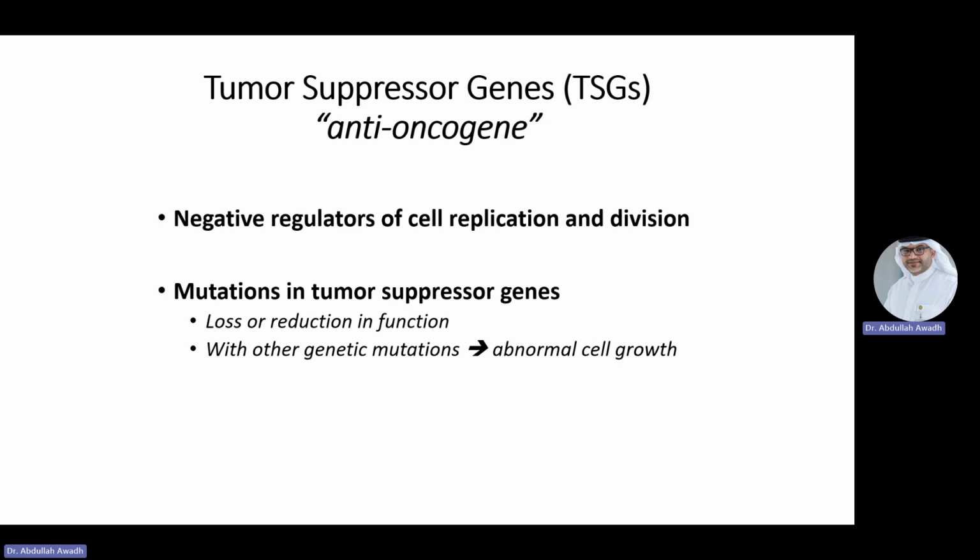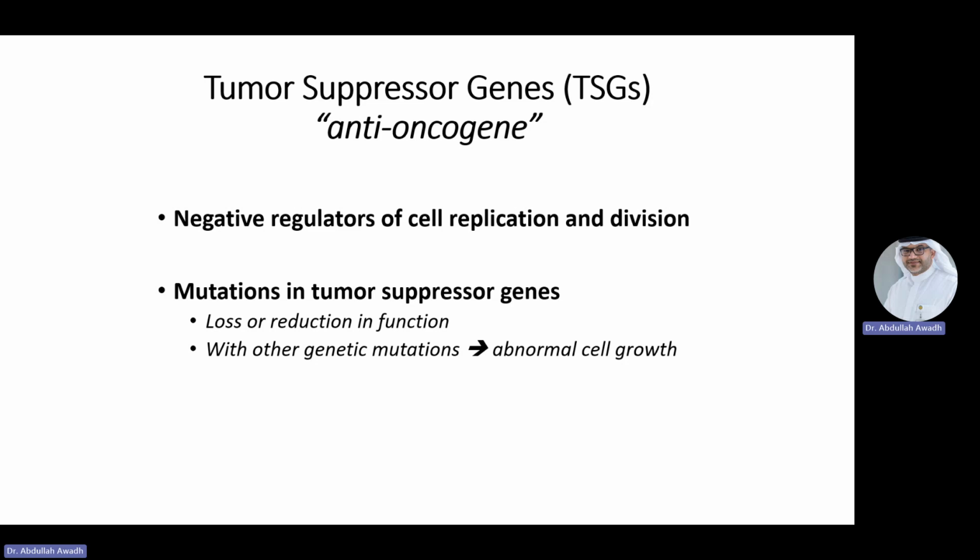They are anti-oncogenes, so their main function is to prevent uncontrolled cell growth. If we have a problem with the brakes, a mutation in tumor suppressor genes, this is one of the causes of a large number of cancers and tumors. We have a problem in the regulator of the cell cycle.